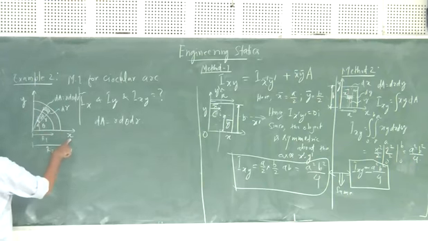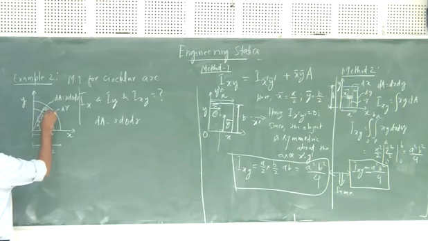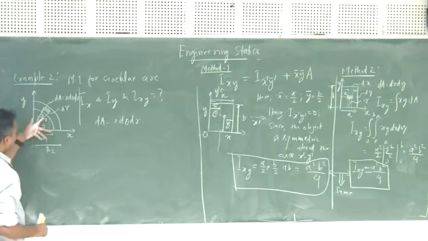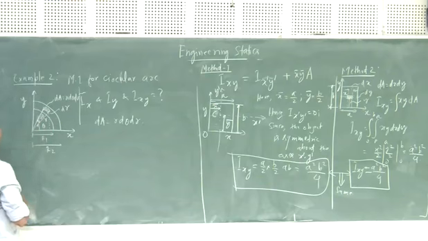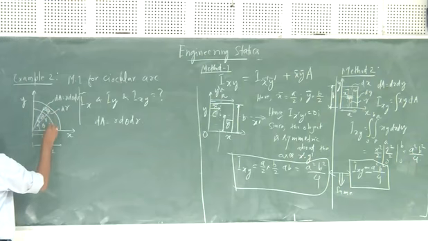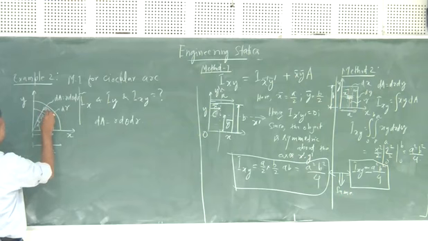Now, if you have to find out the moment of inertia about x, you require this distance. Assume that this particular point lies in the centroid of this particular differential element.